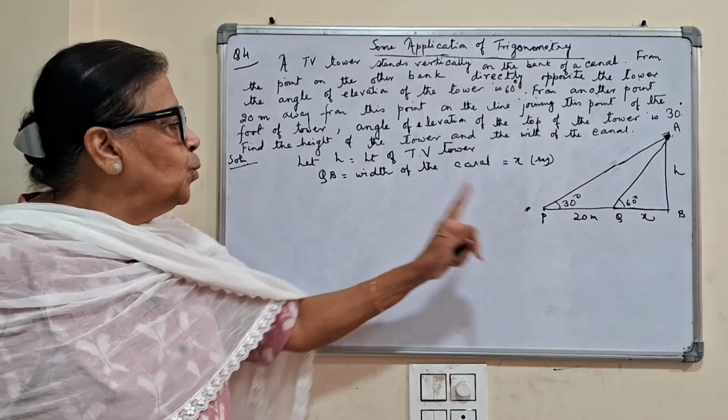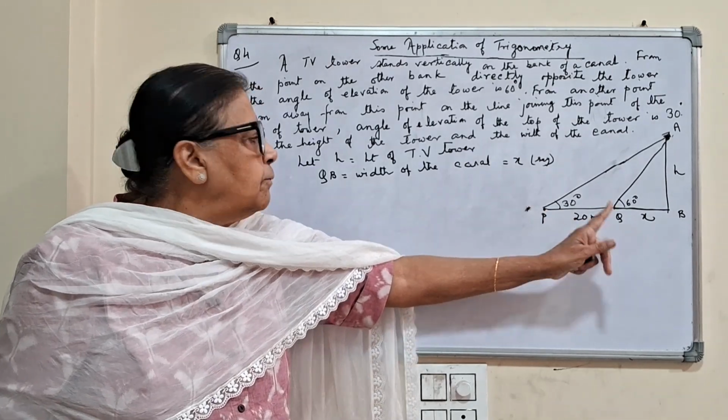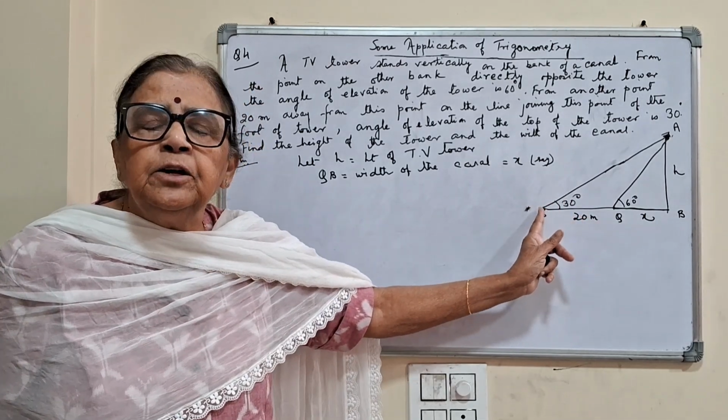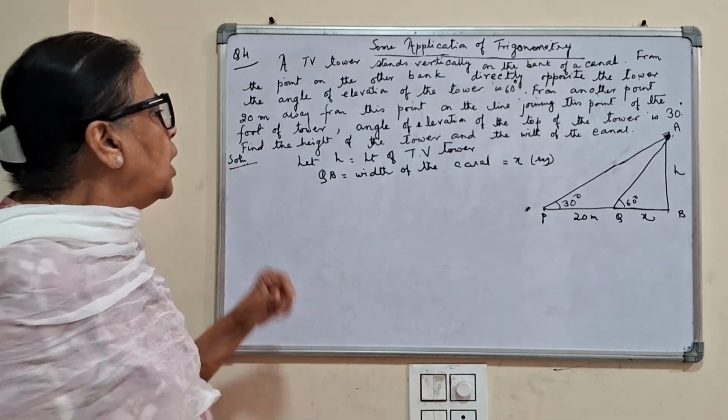Now when it moves 20 meters away from that point Q, the angle of elevation will become 30 degrees.